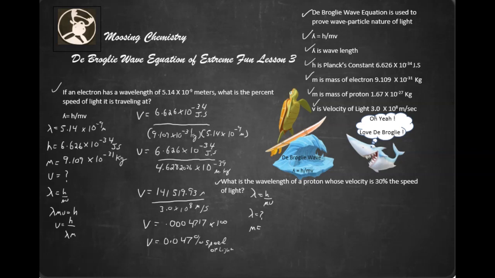The mass of the proton is 1.67 times 10 to the negative 27 kilograms. And our velocity is 30% the speed of light.